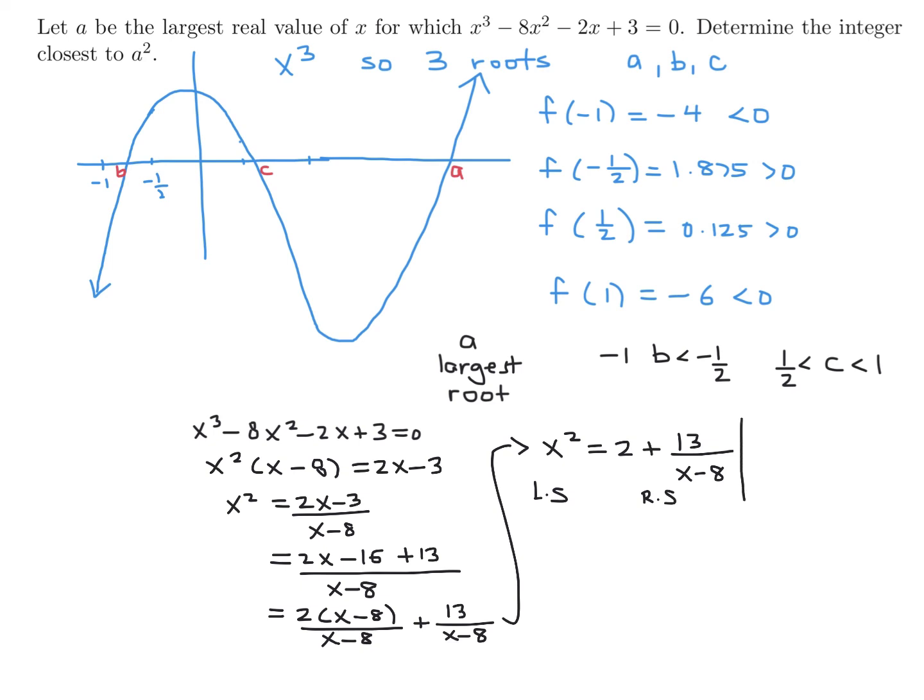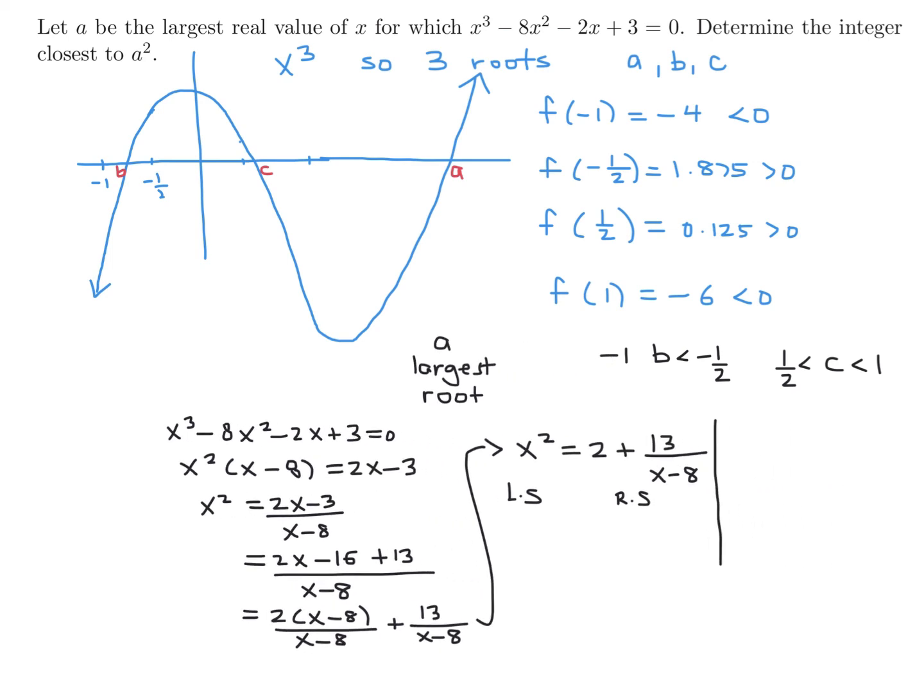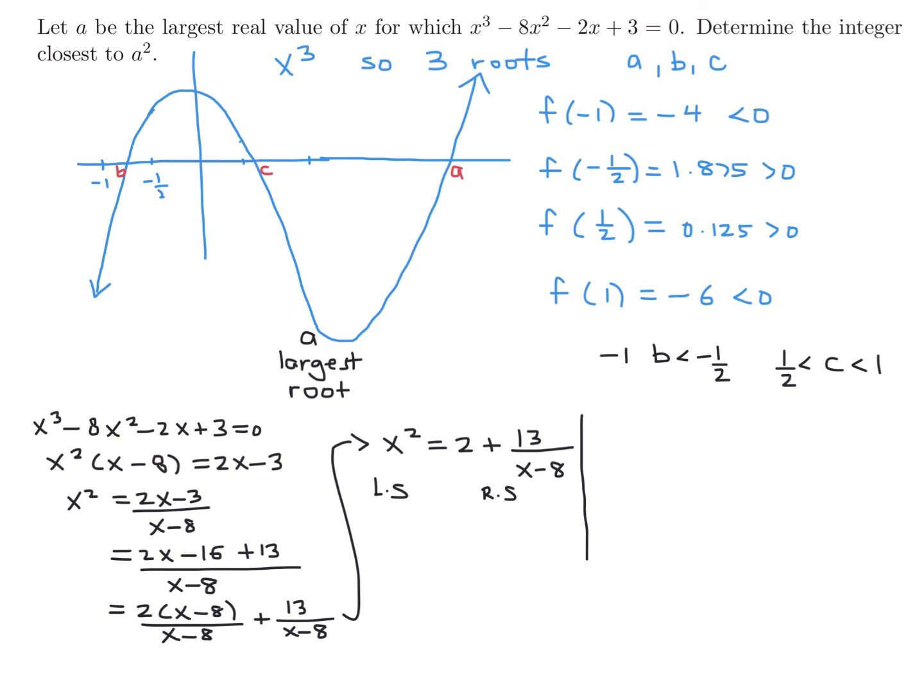And now what we do, so we have to approximate this again. So let's see. We have a table with x, left side, right side, and let's see what happens.